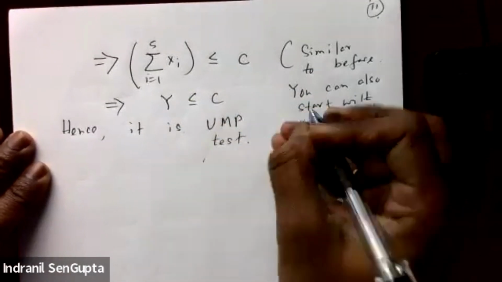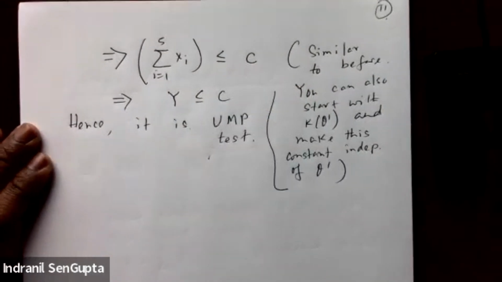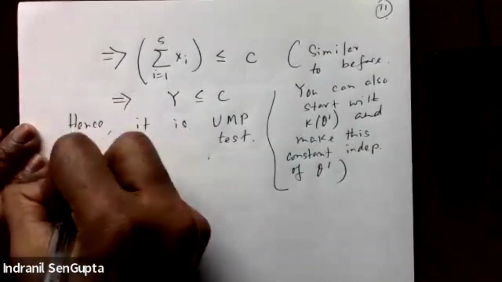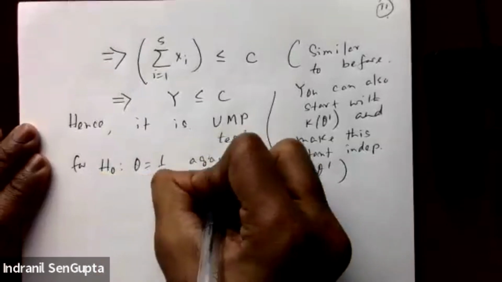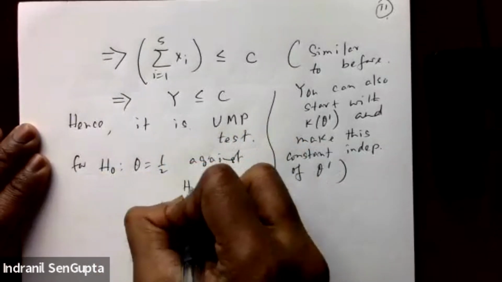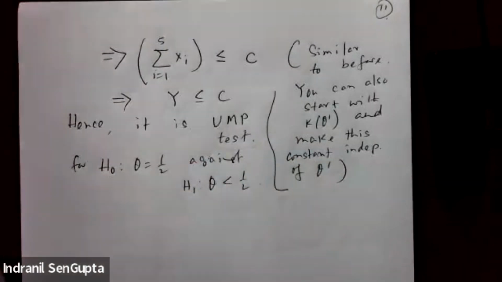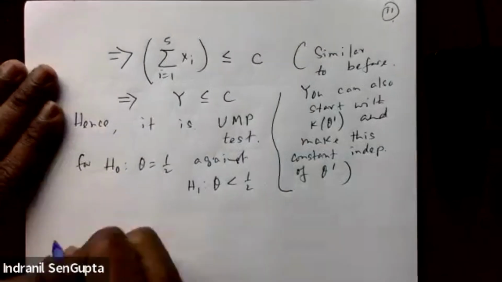Why uniformly most powerful? Because it's uniform over the values of theta prime, for H0: theta equals 1/2 against H1: theta less than 1/2. Okay, part A done. It's not really hard, and I skipped some of those things, but I think it's okay.